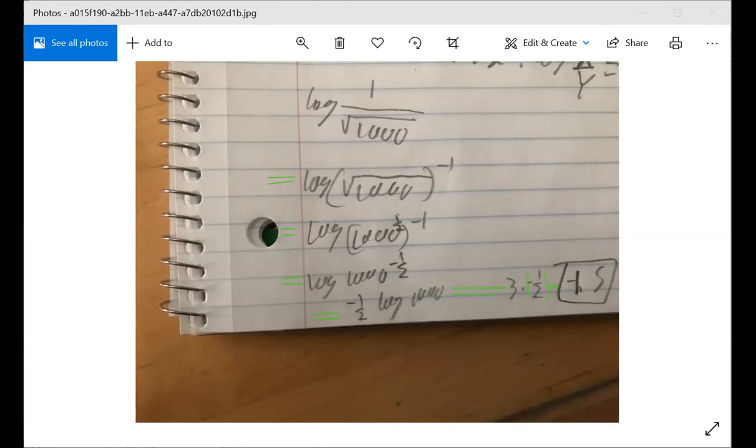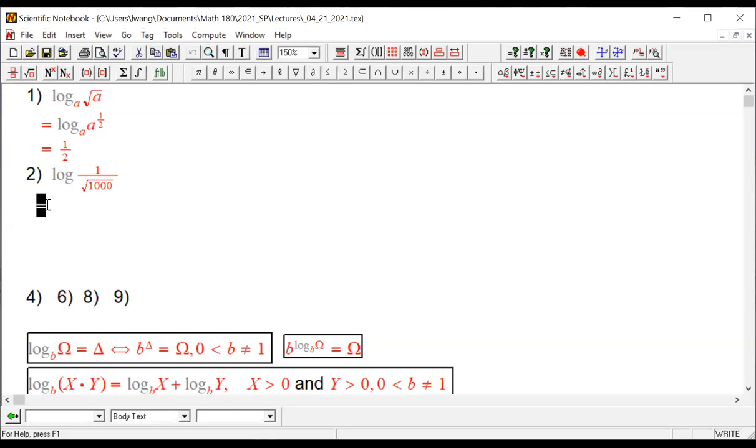Okay, so let's go back here. I'm going to reproduce your work, Bailey. Thank you very much, you did a very good job. I'm going to reproduce his work so everybody can see clearly. So what he did is this is 1 over b, right?